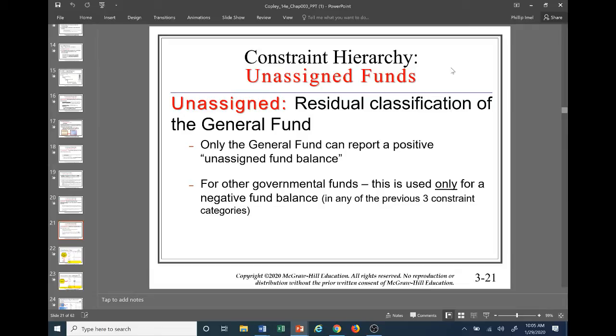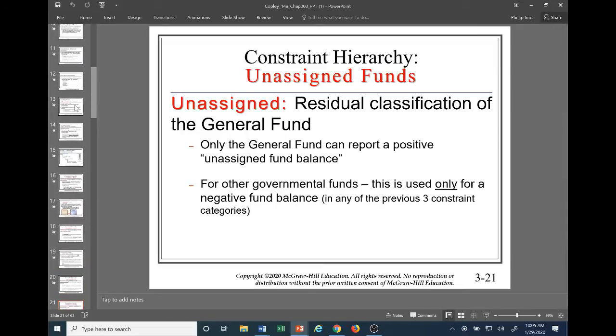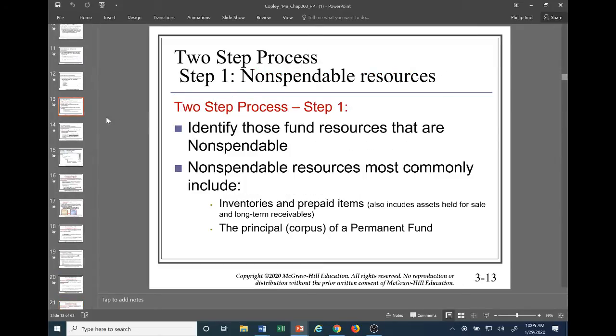All right. Anyways, for just a second, I want to jump back up to a slide we already reviewed, and revisit this two-step process one more time. If you recall, there's a two-step process to labeling these funds, whether they're non-spendable or spendable.